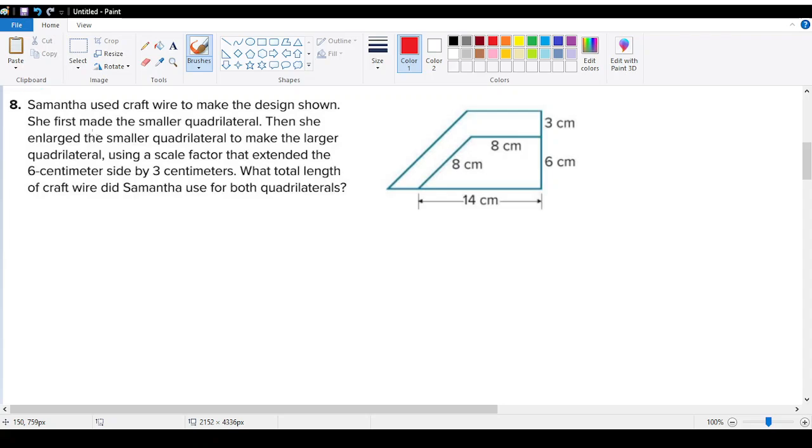So in this question, we have the smaller one. Can you see it? Yes. Okay, I'm going to put it in red, let's say. This is the smaller one, and we know all of the dimensions of it. So this is before.